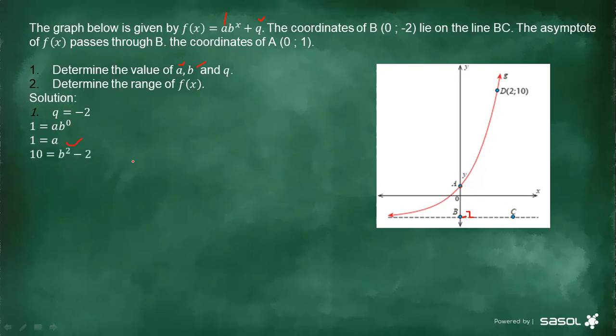And then what about b? Let's determine b. We substitute the value of b there, transpose, and this is what we are having. Put the square root, and then b equals the square root of 3. So that is the value of b, that is the value of a, that is the value of q.